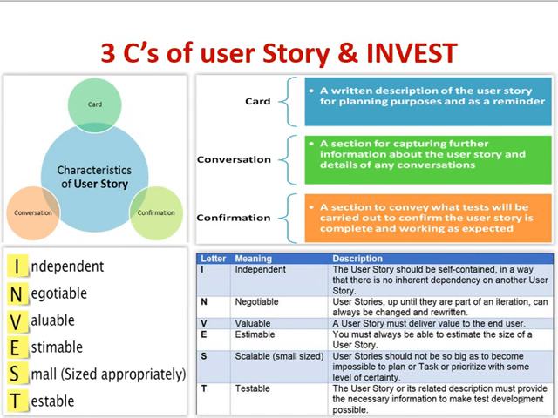So a user story demands card, conversation, and finally confirmation, that is the rephrasing or an agreement to acceptance. It is a section to convey what tests will be carried out to confirm that the user story is completed and working as expected. So how do you know that a user story is complete or not? You need a confirmation from the customer.